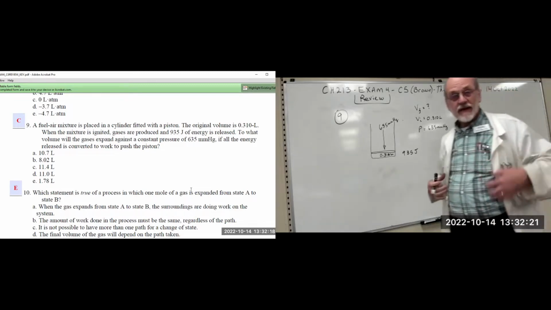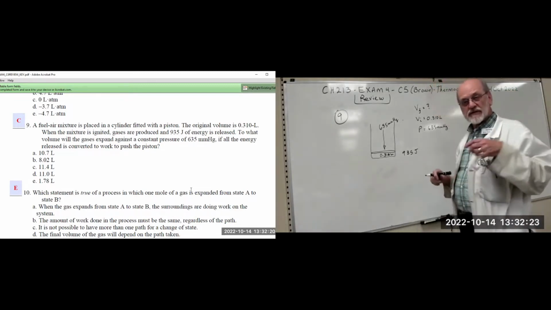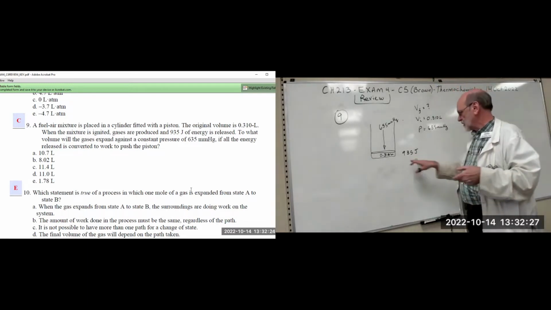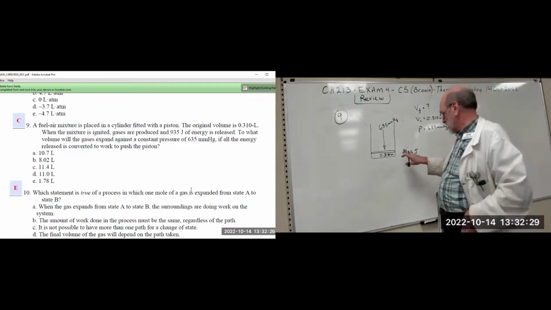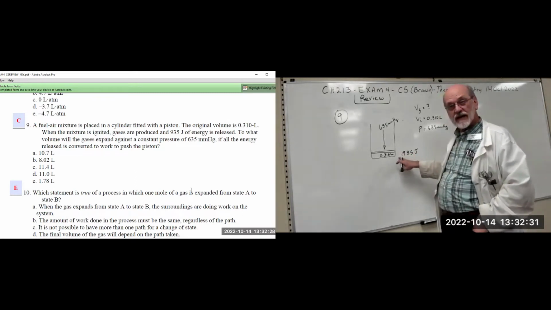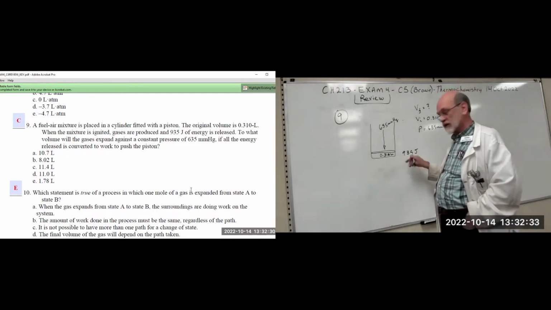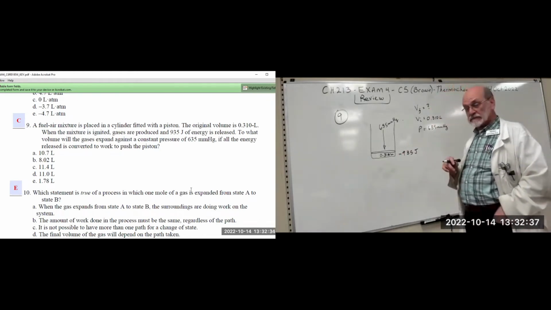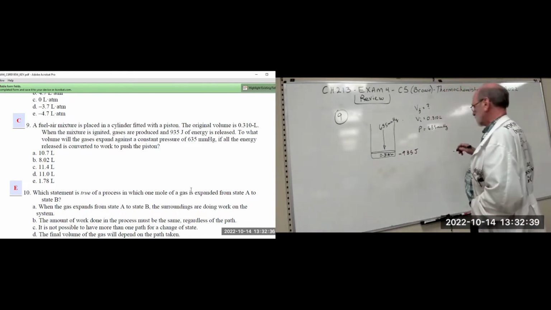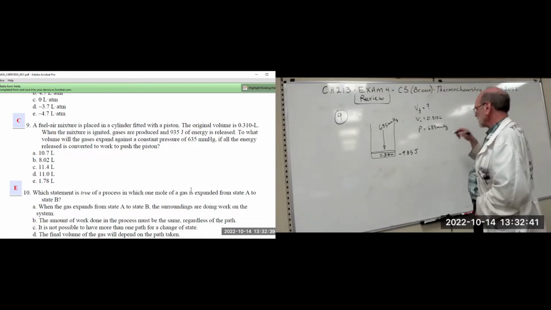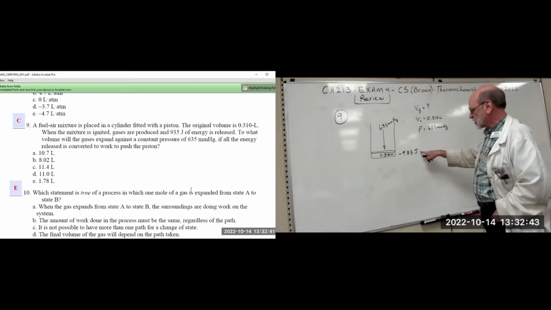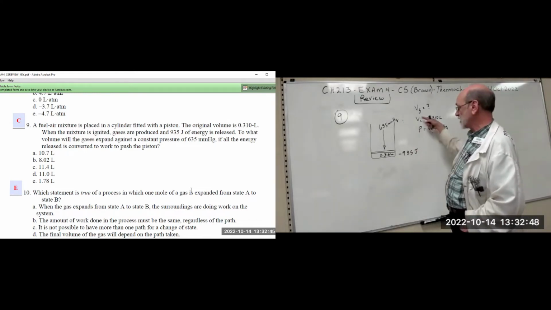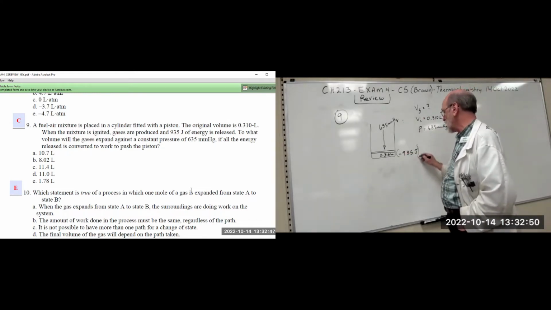I think this is kind of like the problem before, only in reverse. If it's exothermic at 935 joules, then the value is negative. We're going to have to convert joules to liter atmospheres to fit it into that previous equation.